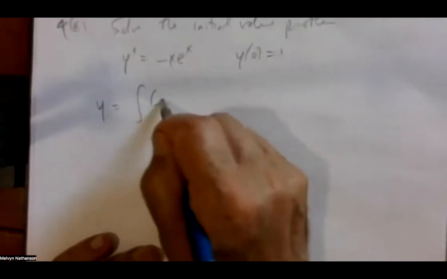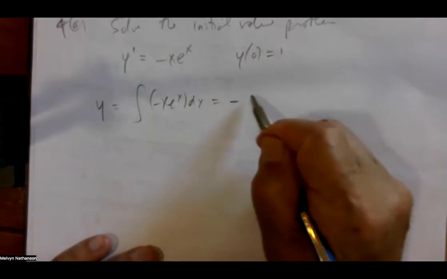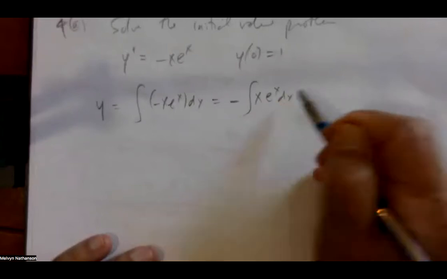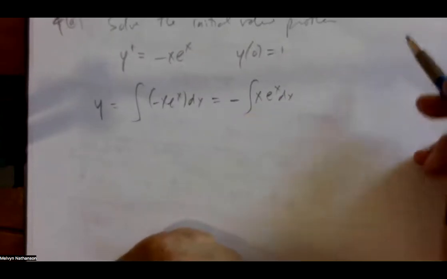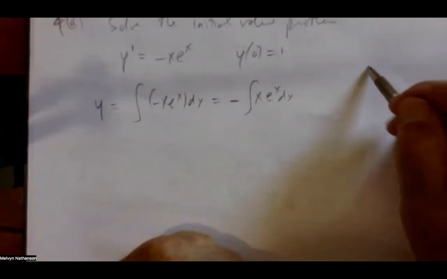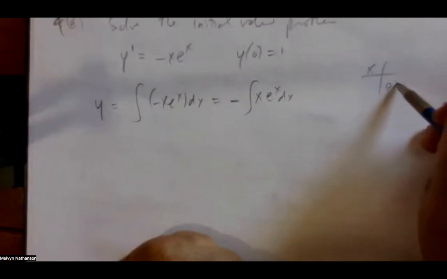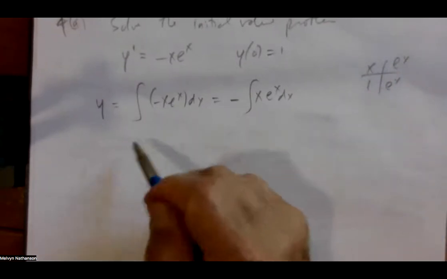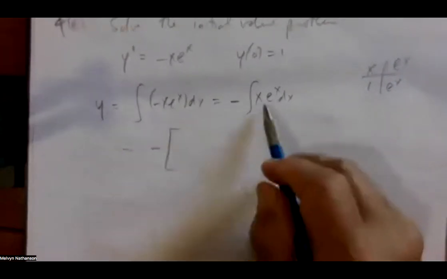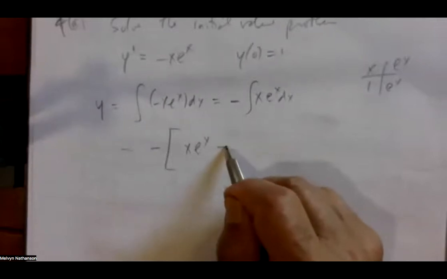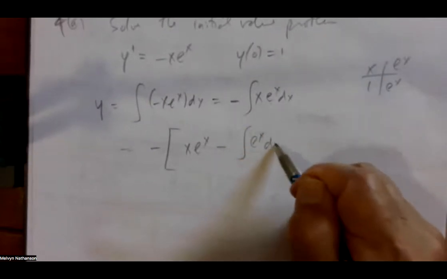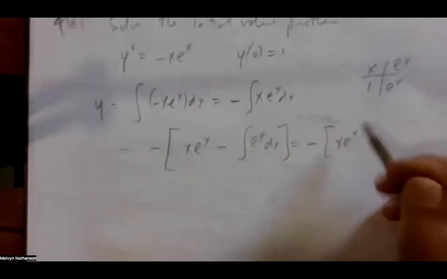So y is the integral of minus x e to the x dx, or minus the integral of x e to the x dx. And how do we do this integral? I guess we can integrate by parts. If I write this as x and e to the x, then this is 1 and this is e to the x. So the integral of x e to the x dx is x e to the x minus the integral of e to the x dx, which is x e to the x minus e to the x plus any constant.